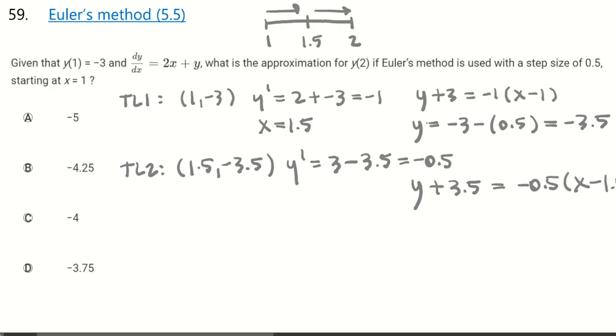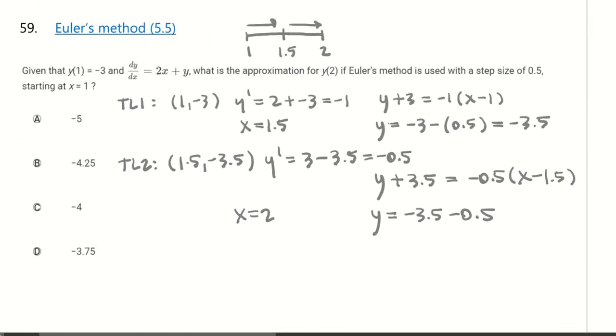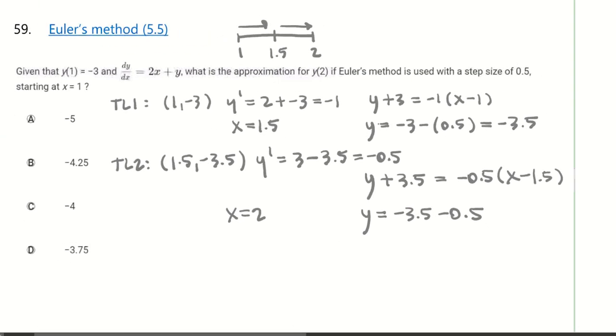I'll take my second step. That will be x equals 2. And then y will equal negative 3.5 minus half, minus half of when x is 2, that's 2 minus 1.5, 0.5. All right, so negative 3.5 minus a quarter is negative 3.75.